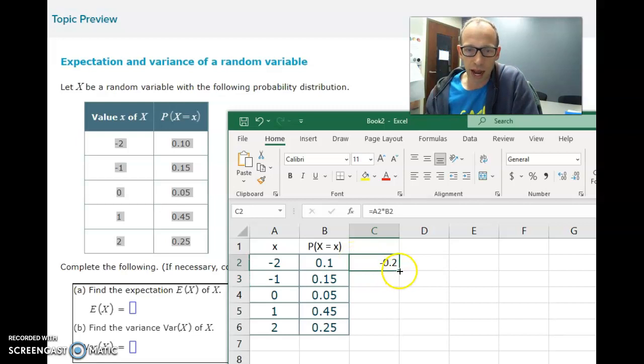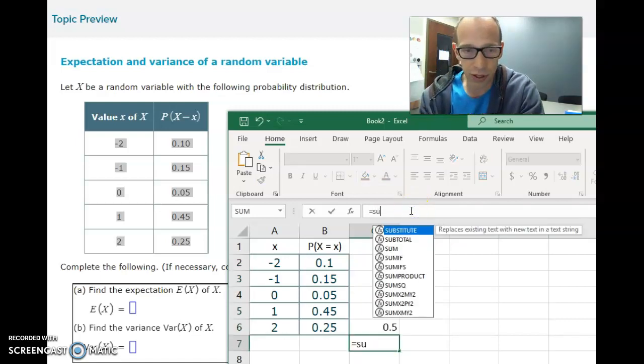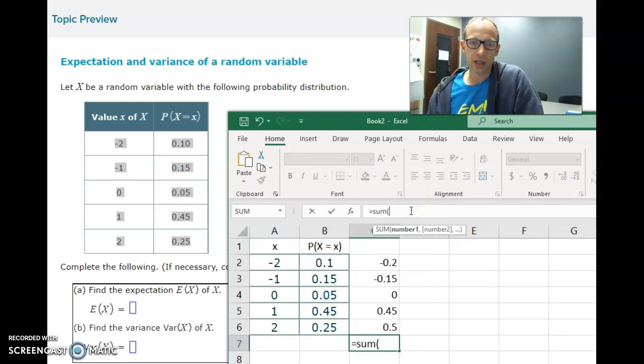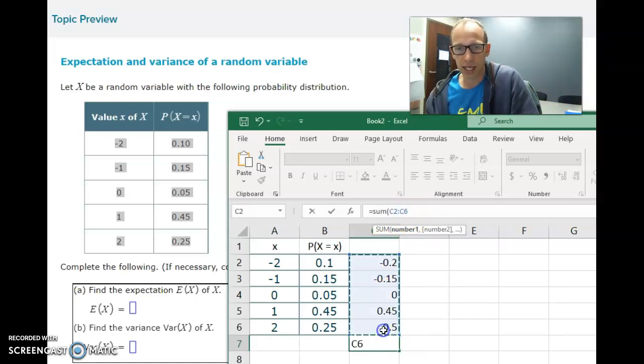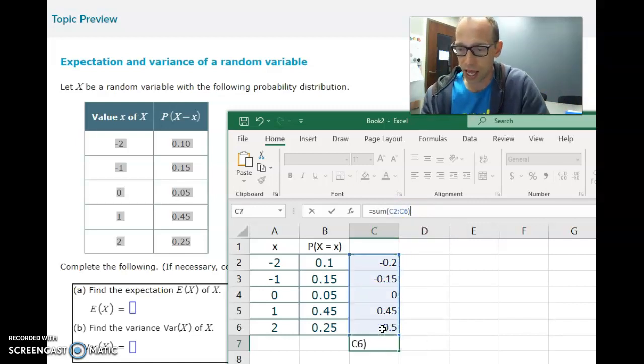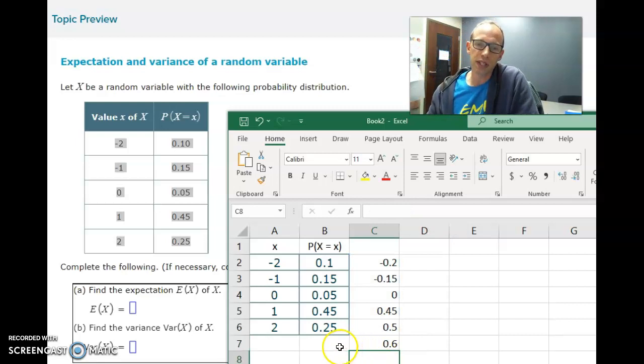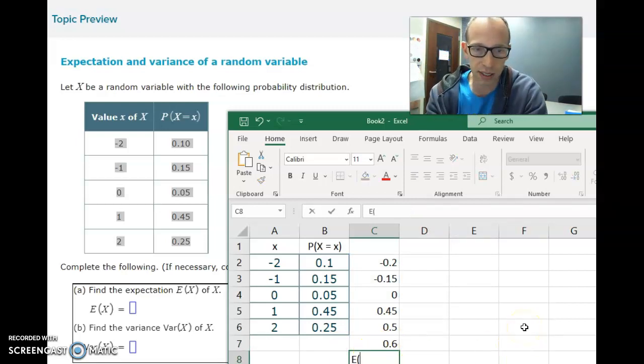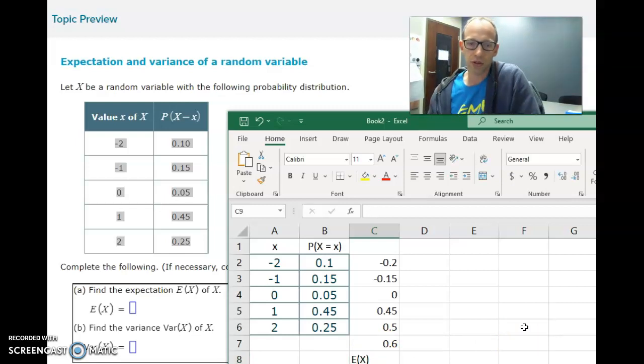So then I'm just going to grab this little right bar there, drag it down, and then I'm going to add these total up using equals sum. So equals lets Excel know it's a formula. Sum means adding, and then we have a parentheses, select them all, end parentheses, enter. So this here, this 0.6 is my expected value of x.